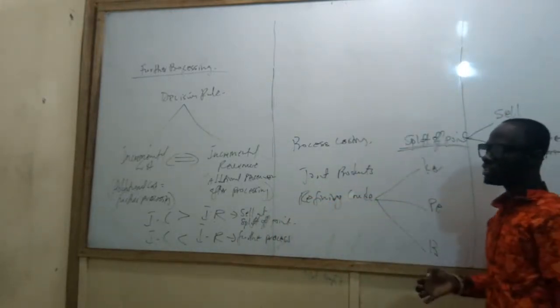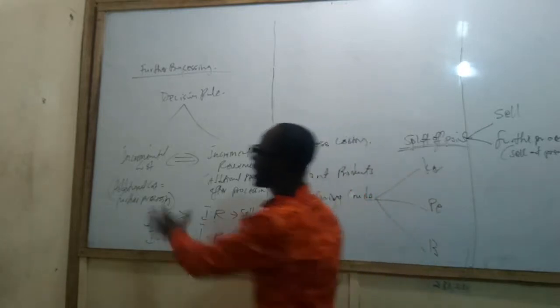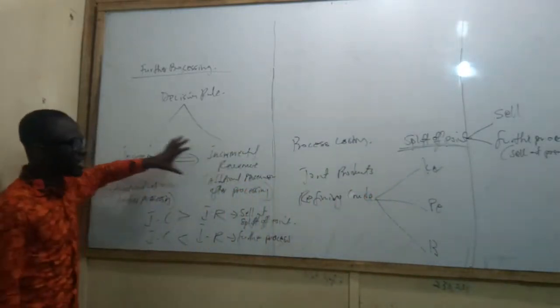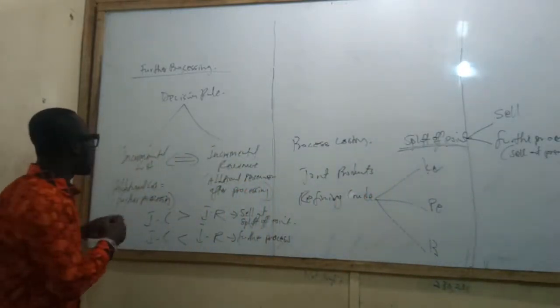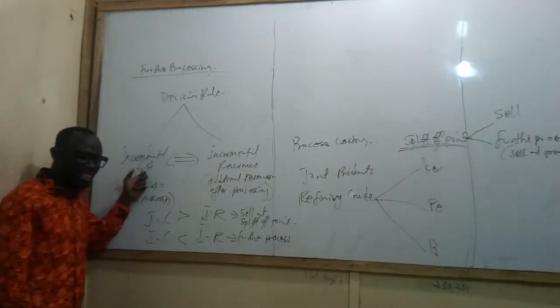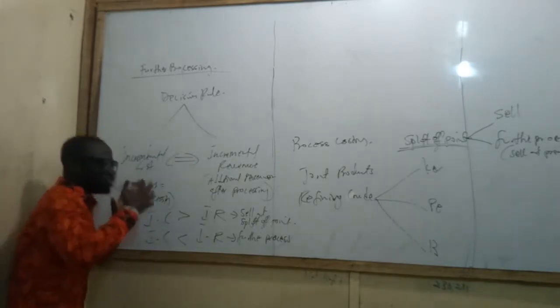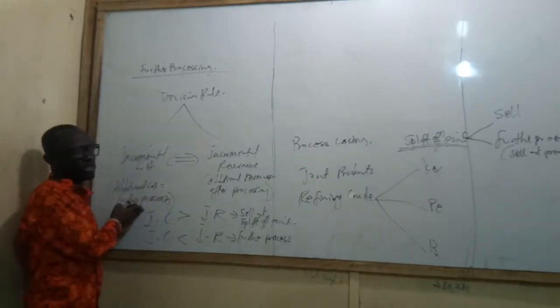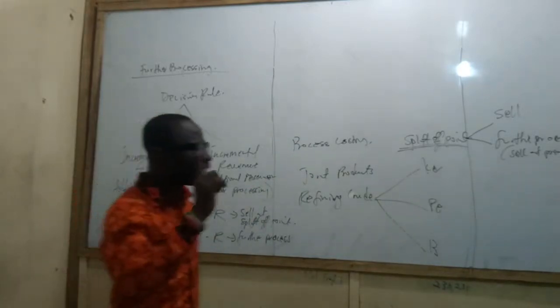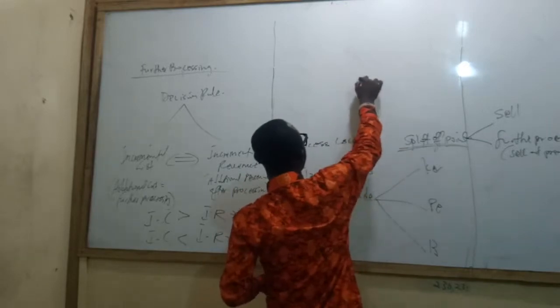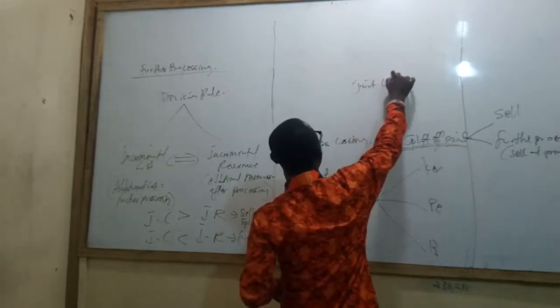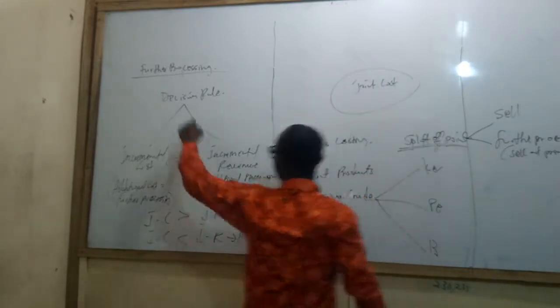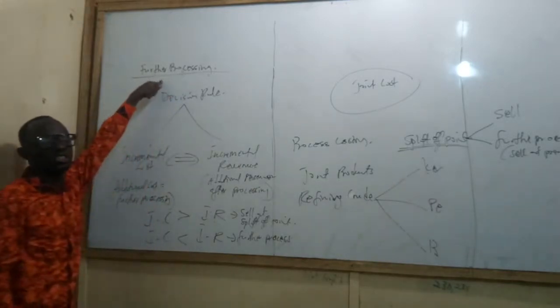Please note that in making this decision, we are talking about incremental cost, the additional cost to be incurred during further processing. What it means is that joint cost will not be factored into the further processing decision.